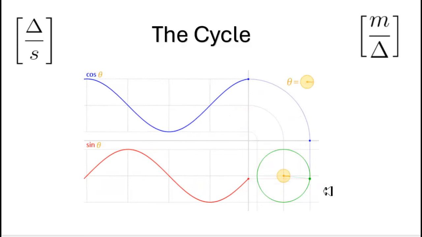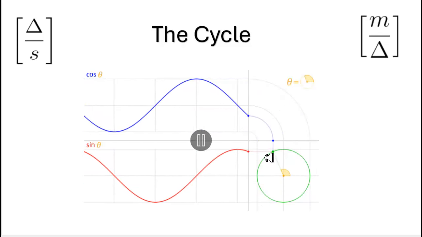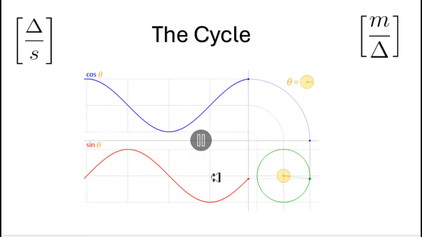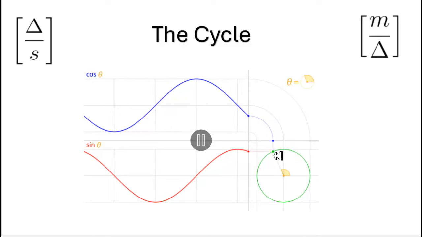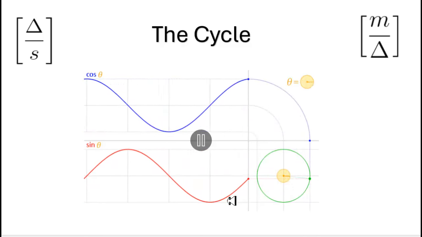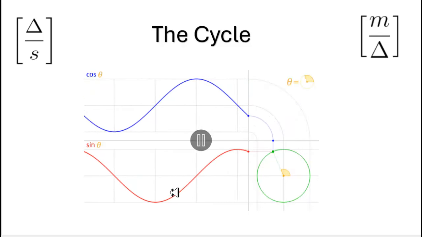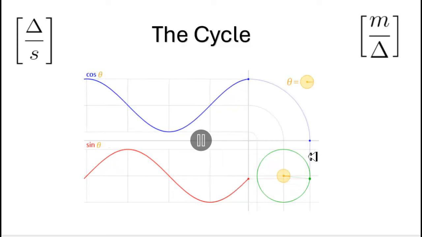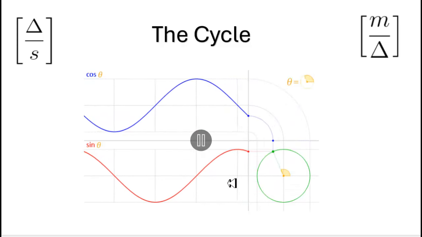This is one cycle around the circle is equal to one wavelength. So I am associating the circle with the cycle. I'm coupling the circle to the cycle, and so once around the circle determines the wavelength.